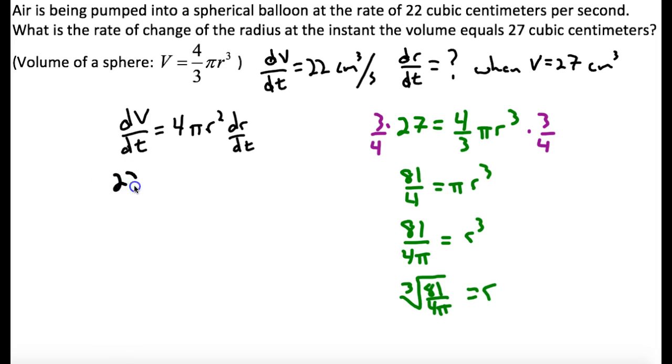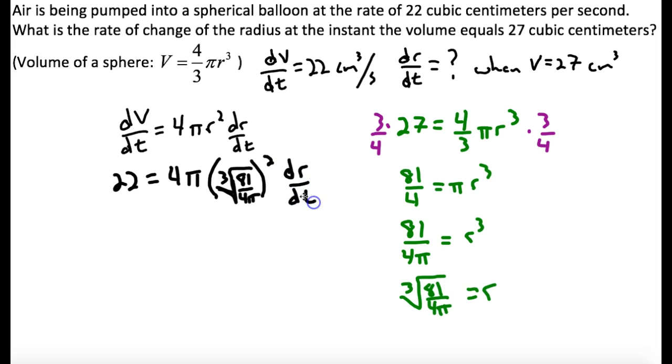So 22 equals 4 pi, and now I'm going to plug this whole thing in for r. So times the cube root of 81 over 4 pi. That cube root should extend all the way down there, and that's squared. We want that radius squared times dr/dt.